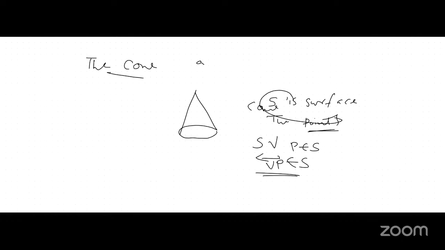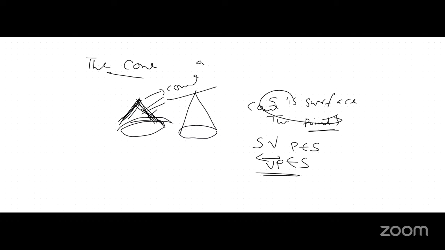These are the lines which are passing through one point and intersecting a curve. The set of lines that are formed is the cone. Okay, understood.